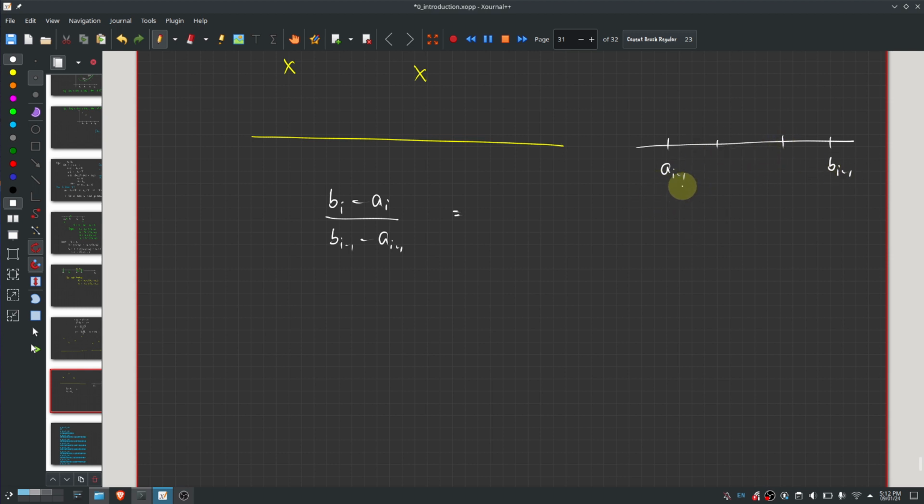If the overall length was equal to 1, then this is A(i minus 1) plus rho, and this is B(i minus 1) minus rho. And I'm either cutting out this particular interval or this one. In each case, this has length equal to rho. So what remains is 1 minus rho.